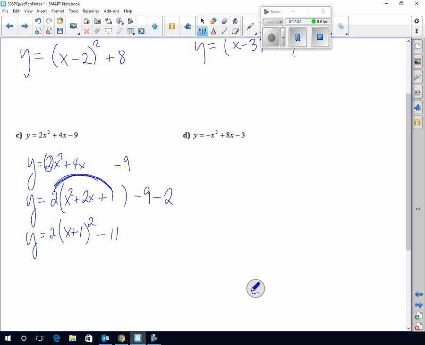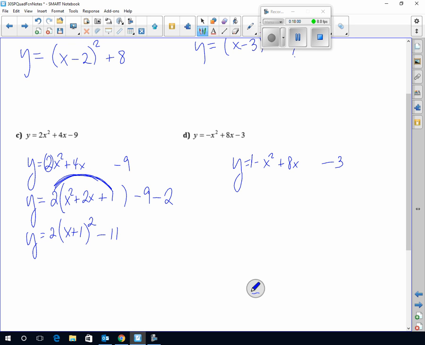Okay. Y equals negative x squared plus 8x, leave a space, minus 3. Is there a coefficient I got to worry about? Oh yeah, that's a coefficient. That's negative 1 in there. I don't usually write the negative, but we do have to factor it out.